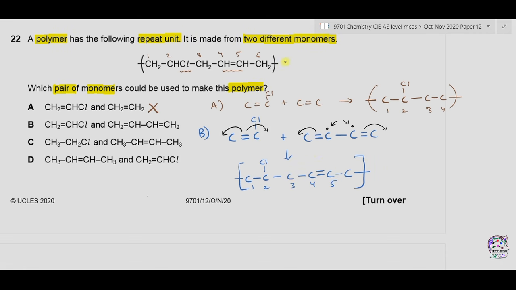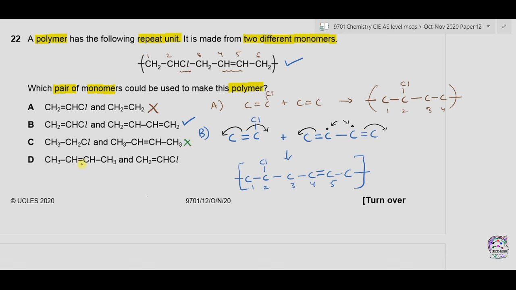So therefore this repeat unit is same as the one given in the question. So B could be the possible answer. In C we have chloroalkane as the first monomer and butene as the second one. As we can see that no double bond is present on the monomer, so therefore addition polymerization cannot occur. So C is also incorrect.